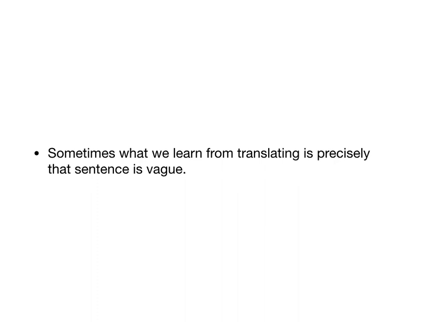And one of the things we might learn from translating or trying to translate a sentence is that it's just vague, that its logical meaning isn't clear, and that it might admit of two or maybe even more possible logical interpretations. That might be mildly frustrating, but it's a good thing to know if a sentence isn't clear, especially if it's in, say, the law or regulations, like even at work or something, right?